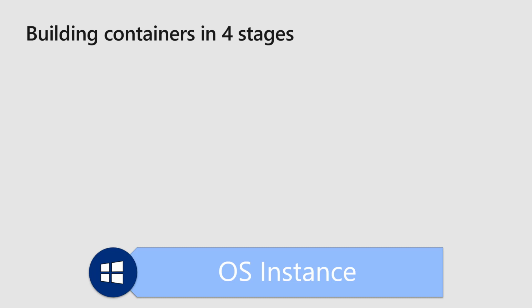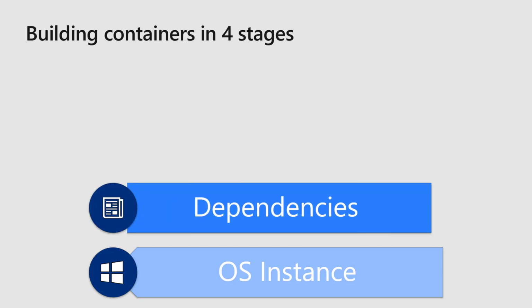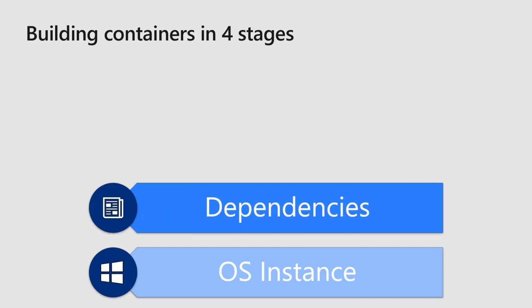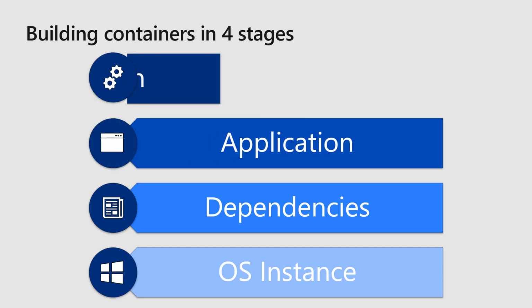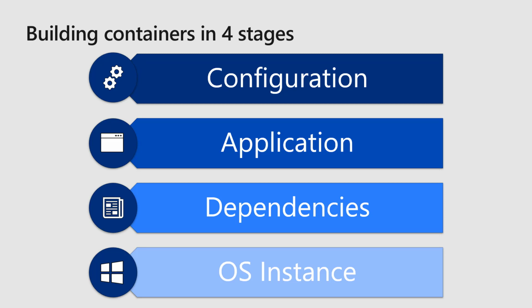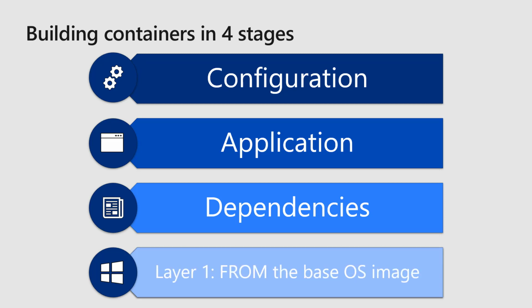So with a usual application, we have an OS instance, and then we would install all the dependencies. We would then install the application and then do the configuration tasks for that application, right? That is how we would actually set this up. Now, in the world of containers, these are different layers. We start with a base container, base operating system image.